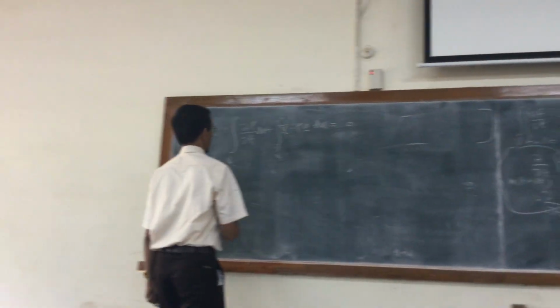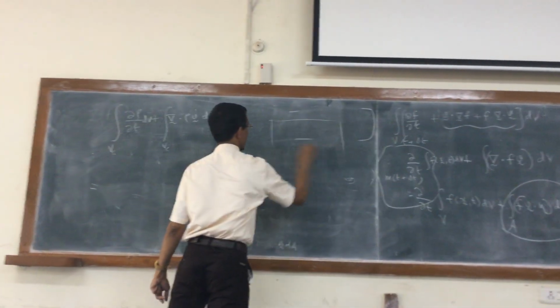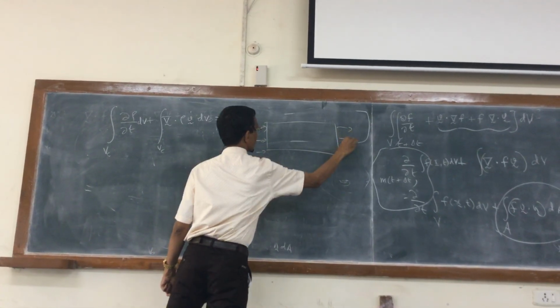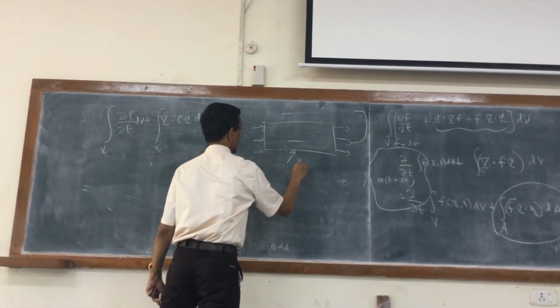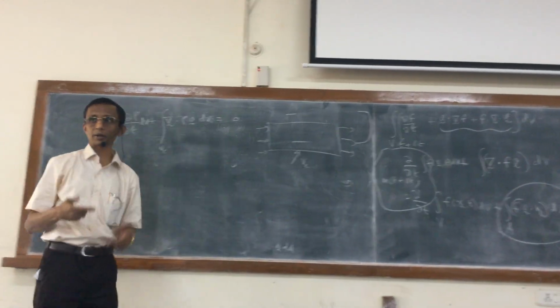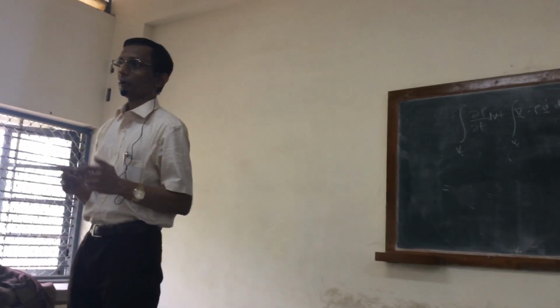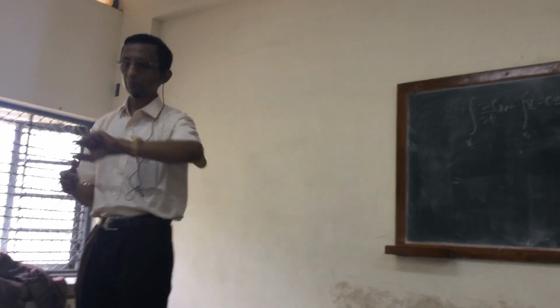So for instance, I can have fluid flowing, let's say. This is the control volume of interest, the pipe, a particular region in space. So we are now following what is happening within this region.